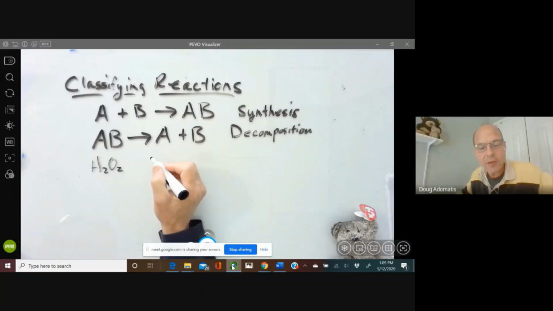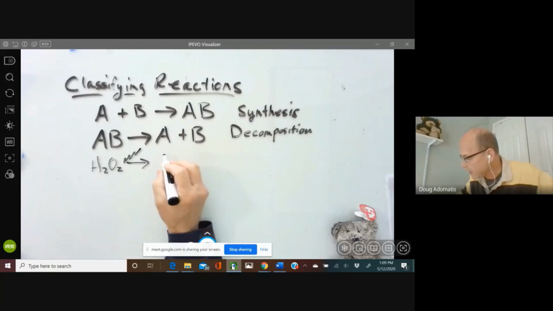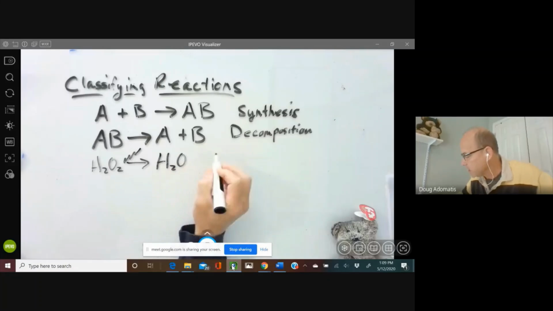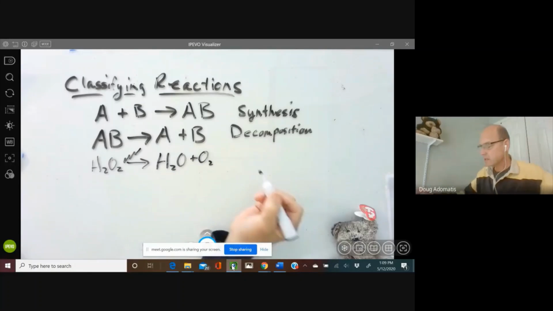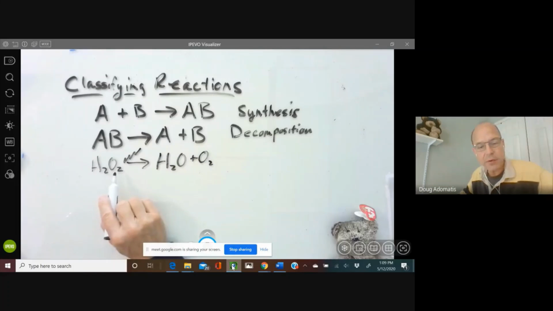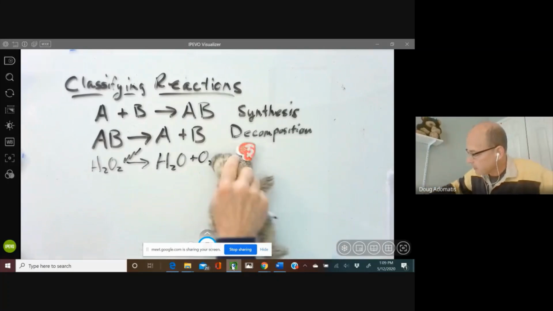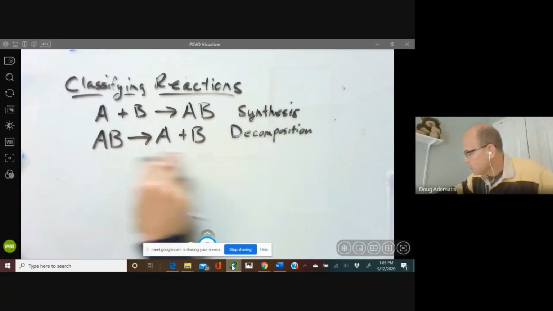It's brown because if you expose it to light, I'm going to draw a little lightning bolt, that actually breaks the hydrogen peroxide down into liquid water and oxygen gas. So that's kind of the reverse of making water. The hydrogen peroxide has broken down. Okay, so that's an example of a decomposition reaction.